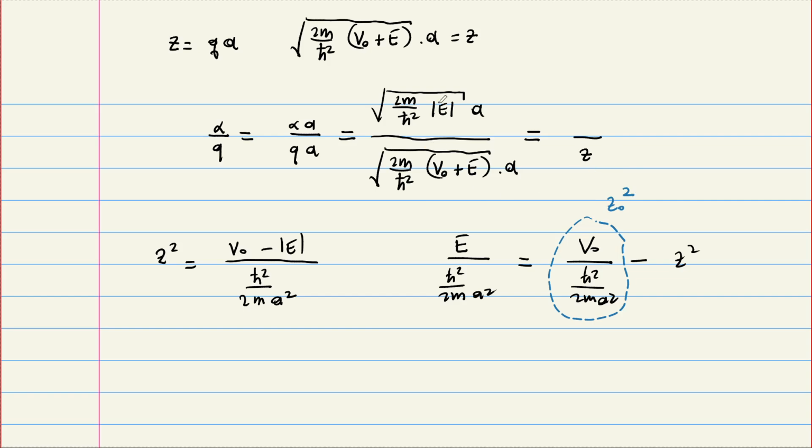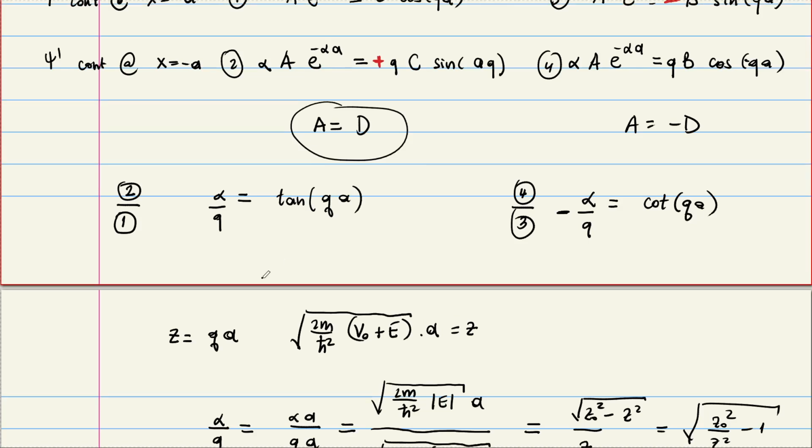So this is going to be root z naught squared minus z squared, and if I push this inside the square root, what I have is z naught squared over z squared minus 1. Good. So I have alpha over q, I have z. Now I can rewrite the equation. So I have this equation.